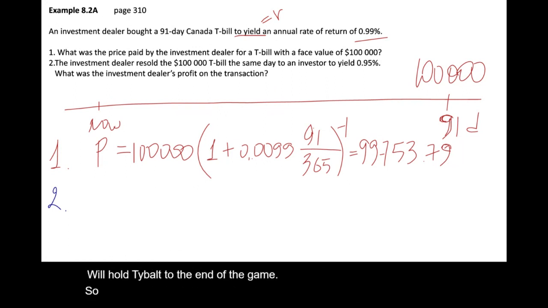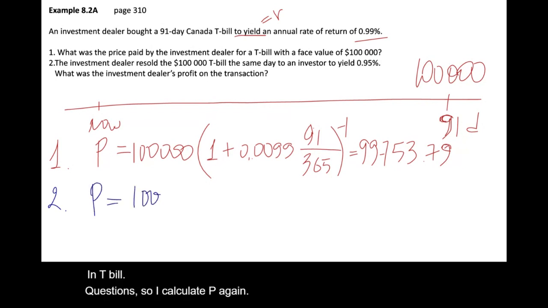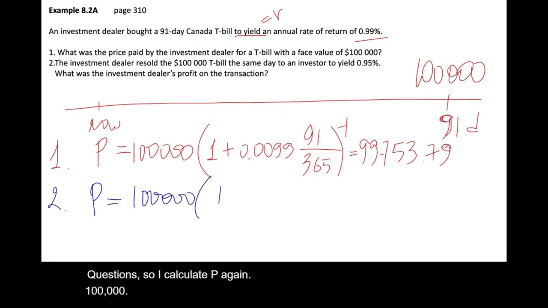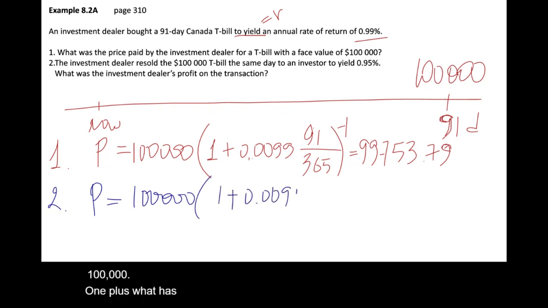So his maturity value is again 100,000, right? Second moment, I know that there is no future value in T-bill questions. So I calculate P again, 100,000 over 1 plus, what has changed, the interest rate, right?